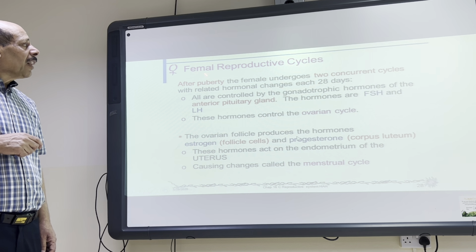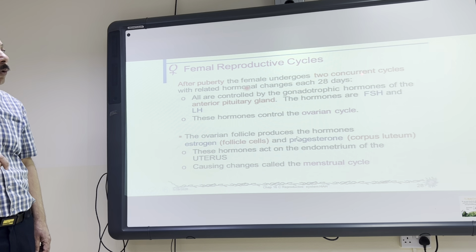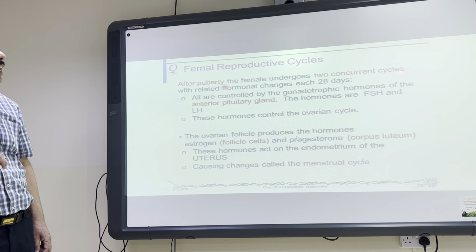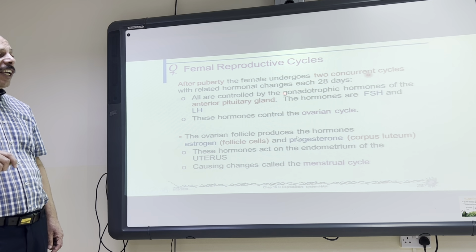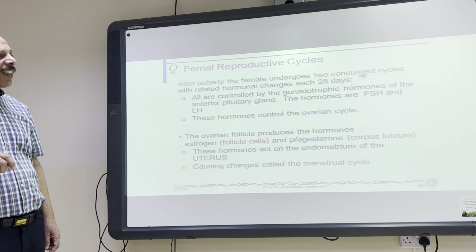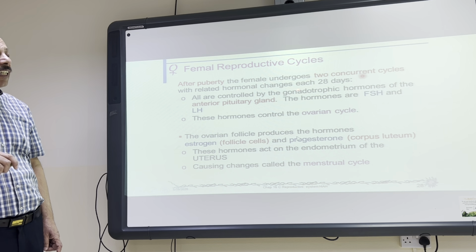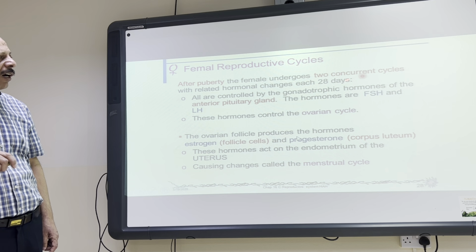The female reproductive cycle. After puberty, as we said, the female undergoes two concurrent cycles with related hormone changes. The length of the cycle is mostly 28 days in most women.